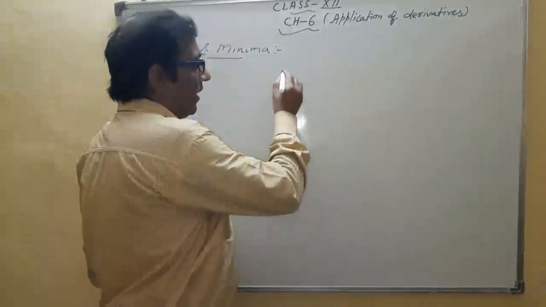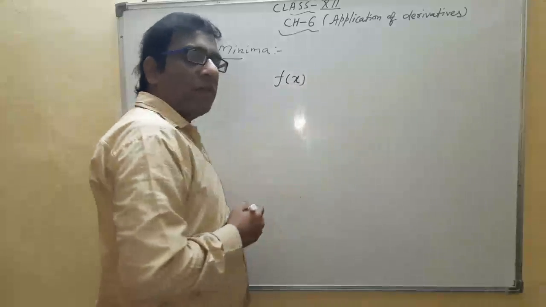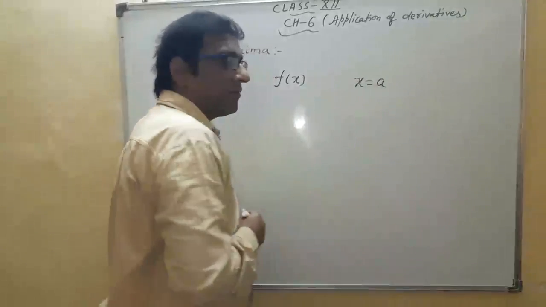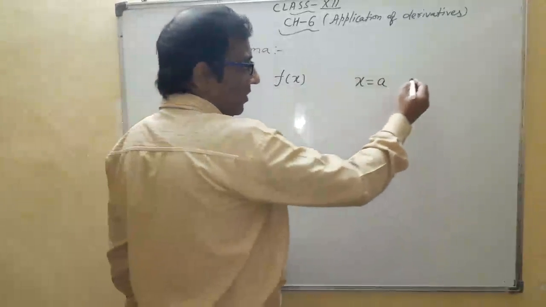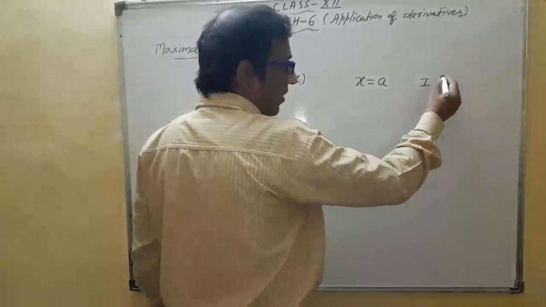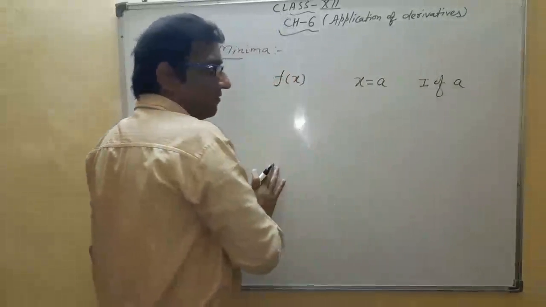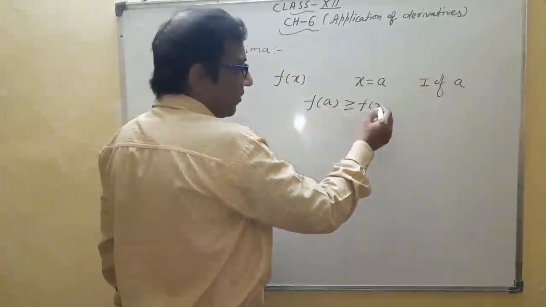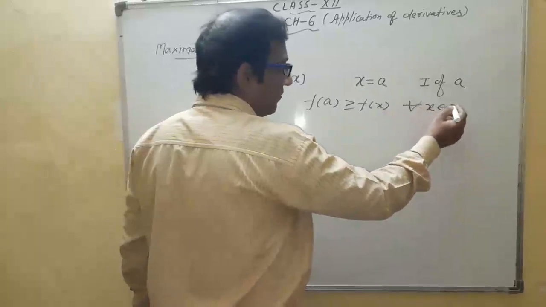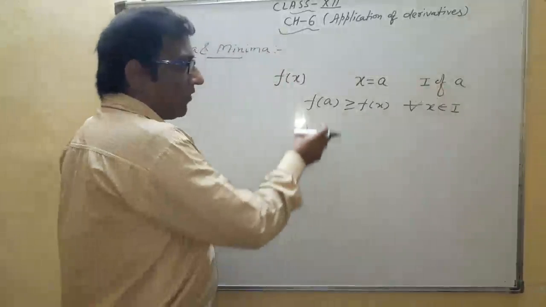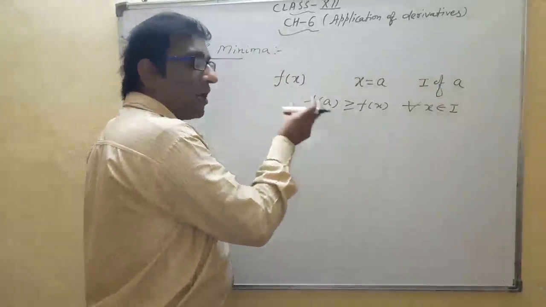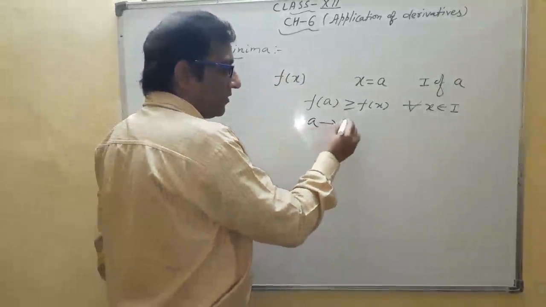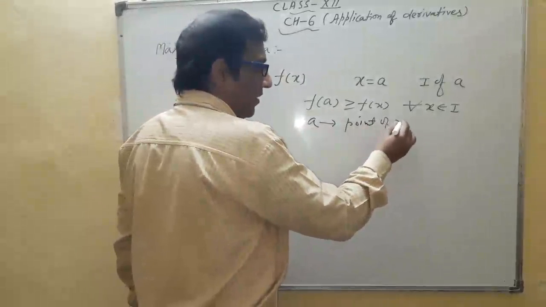So we can say a function f(x) is said to have a local maximum at x equals a if there exists a neighborhood, meaning an interval I of a, such that f(a) is greater than or equal to f(x) for every x belonging to I. Then we can say f(a) is the local maximum of that function and a is known as the point of maximum.